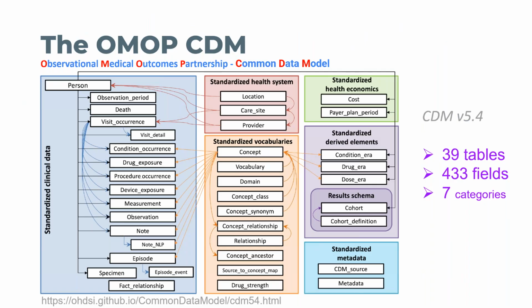It has 39 tables, with lots of columns in each of them, and they can be split into a few categories. We have the blue part on the left, which is basically information about a person, like our patients, and is the one that we are more interested in.